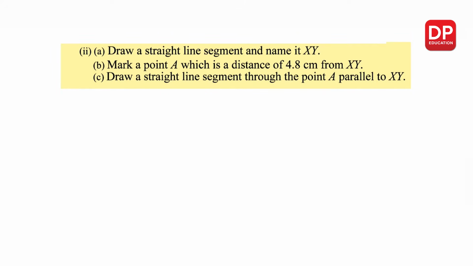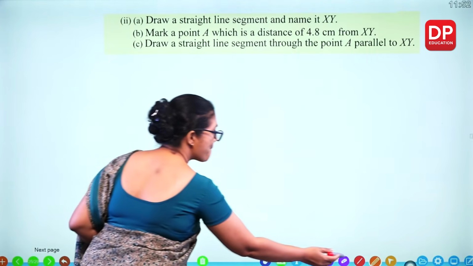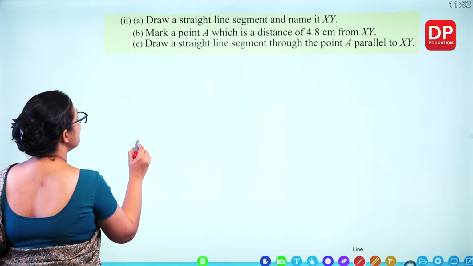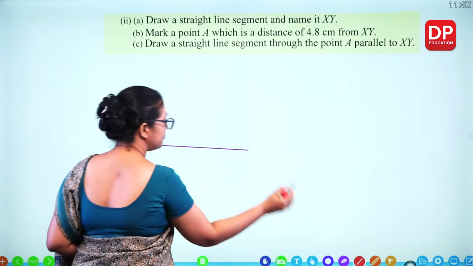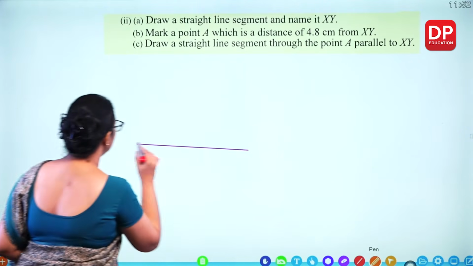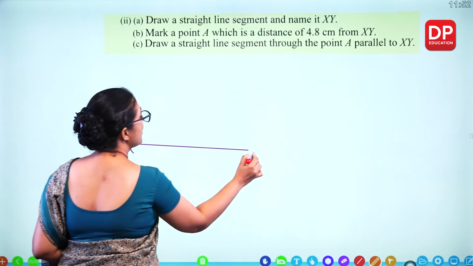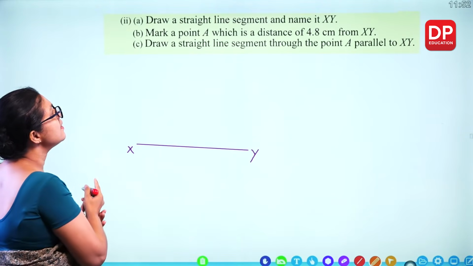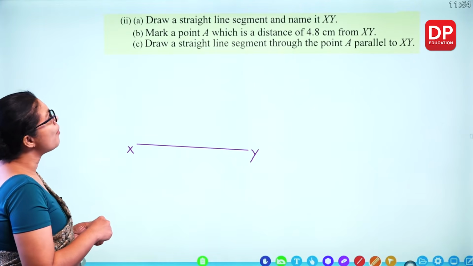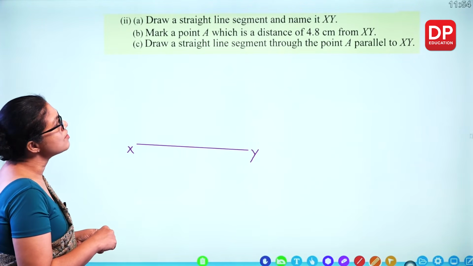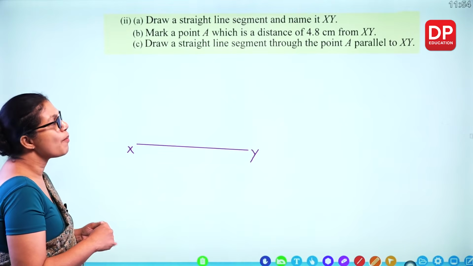Draw a straight line segment and name it XY. XY. That's a straight line segment. Part B, mark a point A which is a distance of 4.8 centimeters from XY.